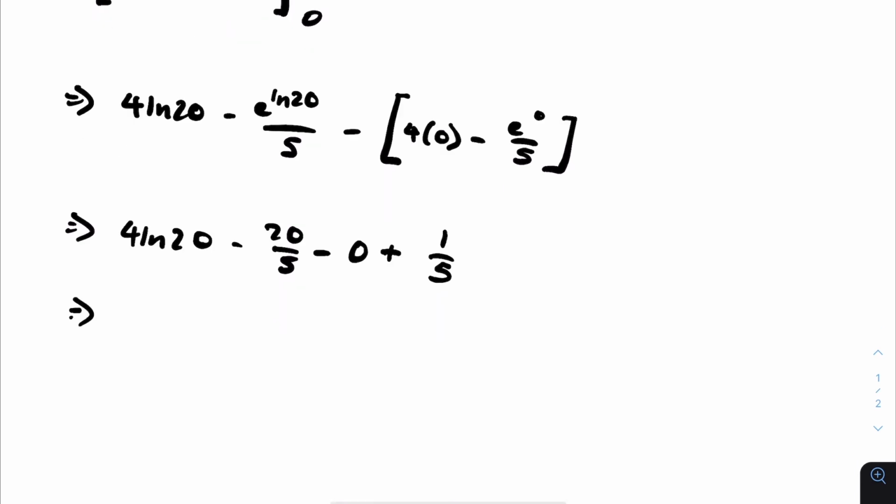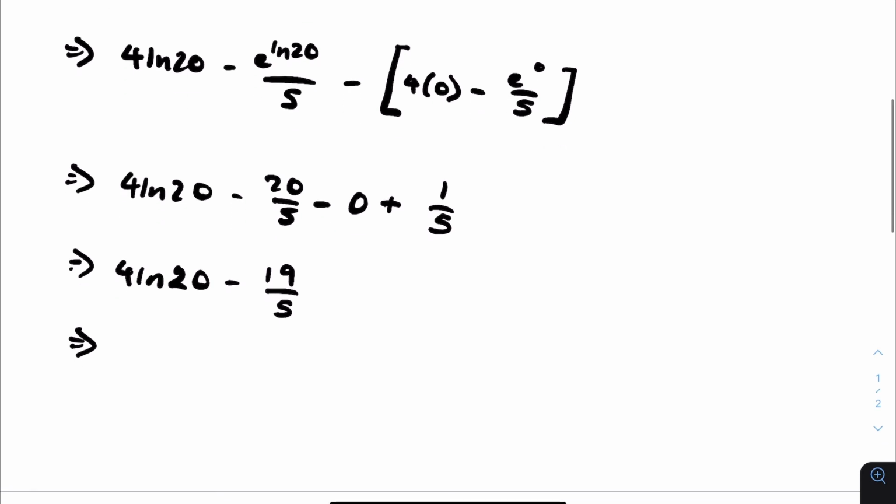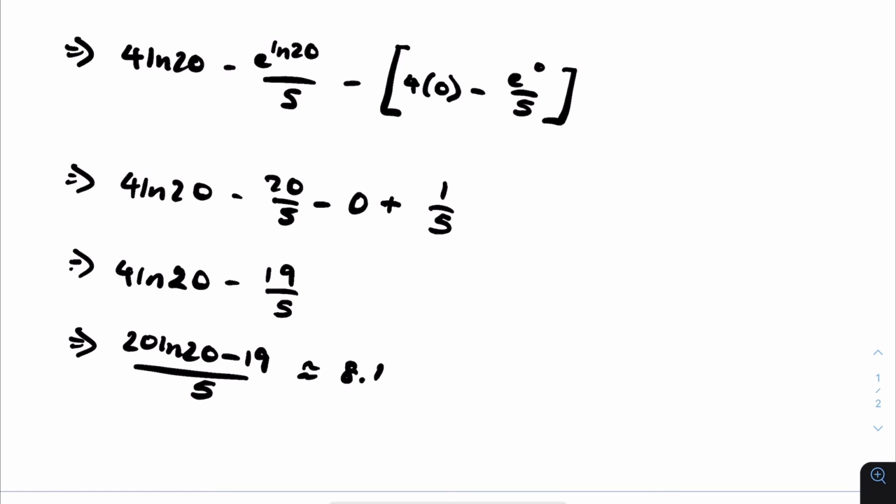So we get 4 ln 20 minus 19 over 5, which becomes 20 ln 20 minus 19 over 5. If we put this in our calculator, 20 ln 20 minus 19 divided by 5, that gives us roughly 8.1829 units squared. So that's our answer.